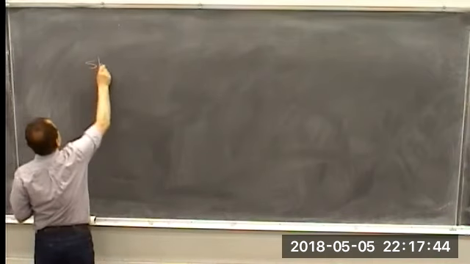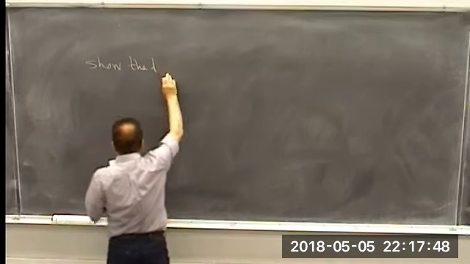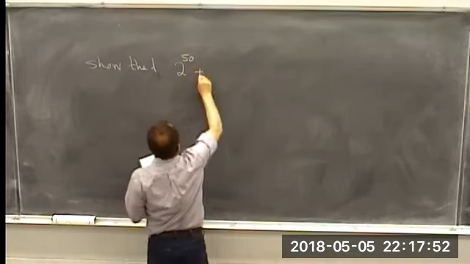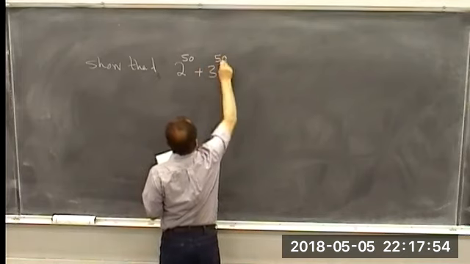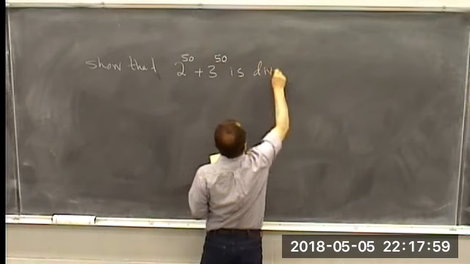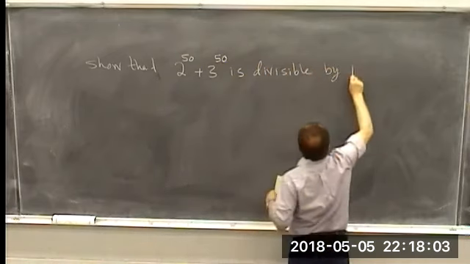Or we put it a different way: we're going to show that 2 to the 50 plus 3 to the 50 is divisible by 13, which means the remainder is 0.